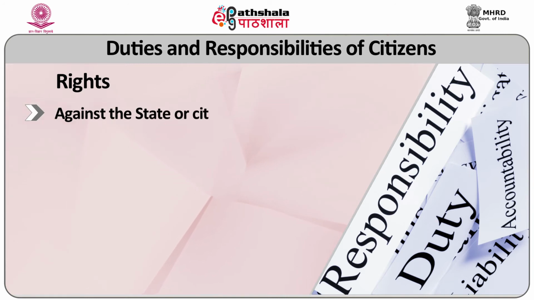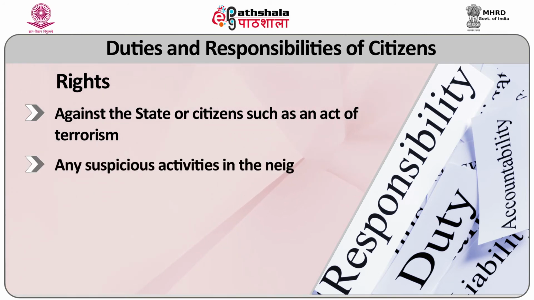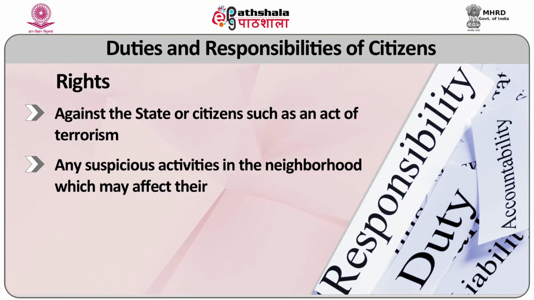against the state or citizen, such as an act of terrorism, which must be reported. Any suspicious activities in the neighborhood which may affect their safety and security must be informed.